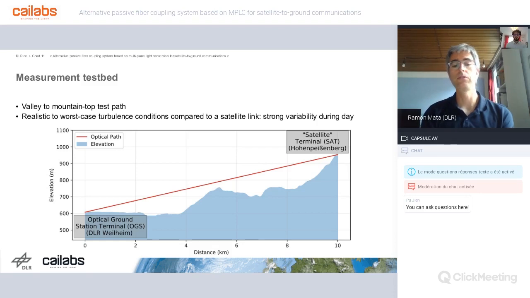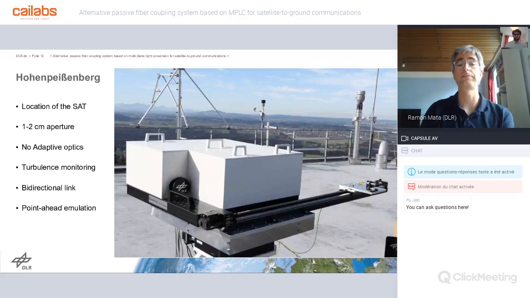What we used here was to compare with the theory and try to estimate the Cn squared profile based on the altitude, or the height of the line of sight from the ground. That led us to conclude that this is similar to a satellite link under worst case conditions in terms of turbulence. On top, the terminal looks like this.